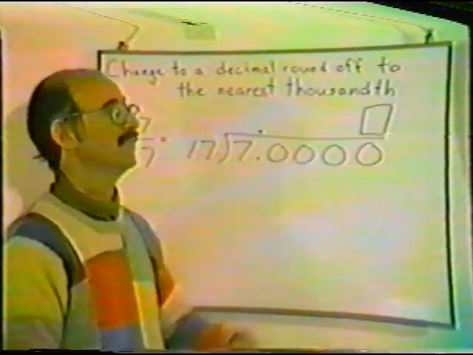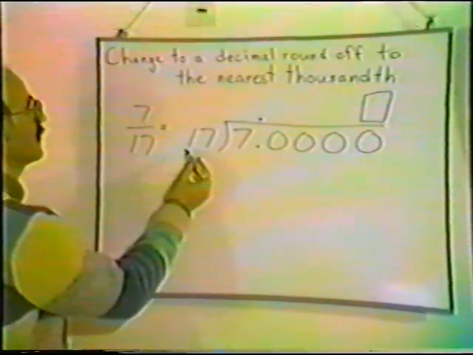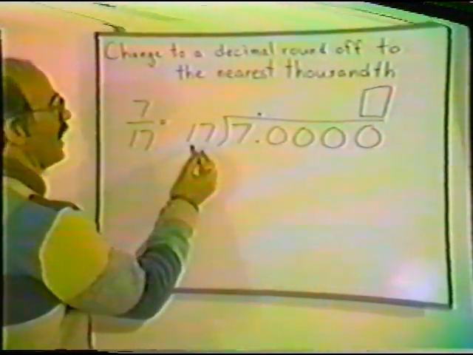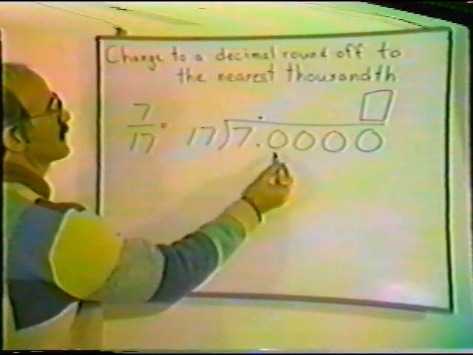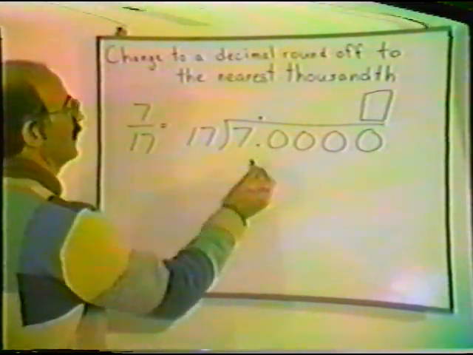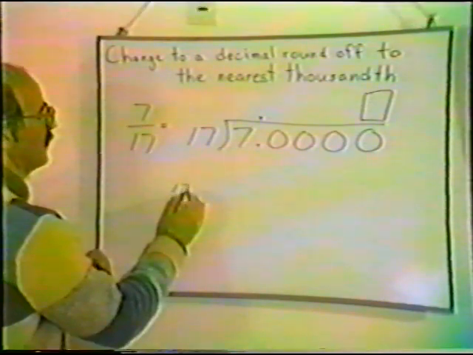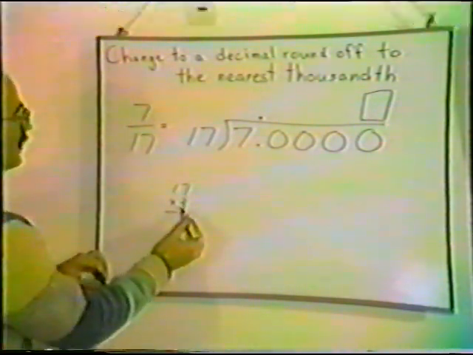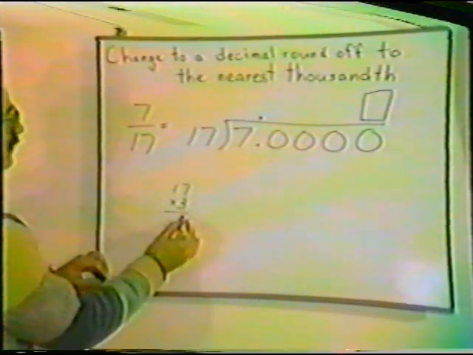Does 17 fit into 7? No. How many 17s in 70? 3. Let's try 3. 17 times 3. 7 times 3, 21.